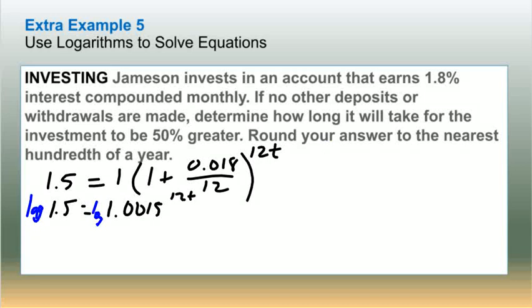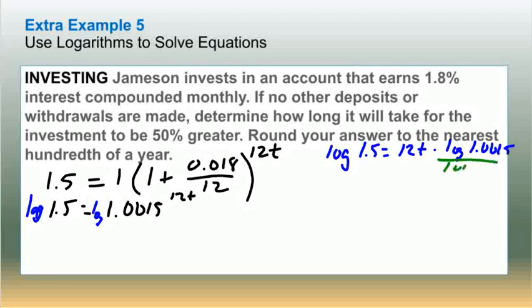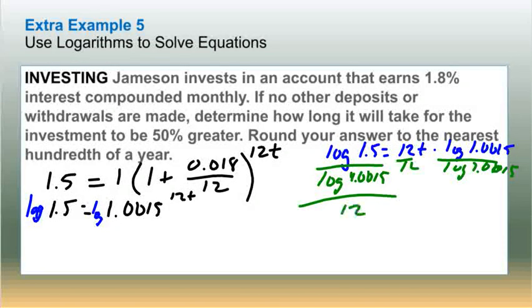Now if I write this, I have log of 1.5 equals 12t times the log of 1.0015. Divide both sides by the log of 1.0015. And then I'm going to divide everything by 12.